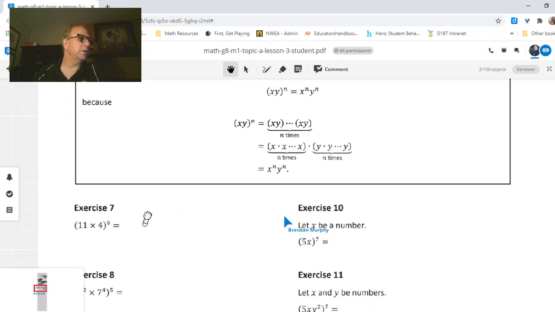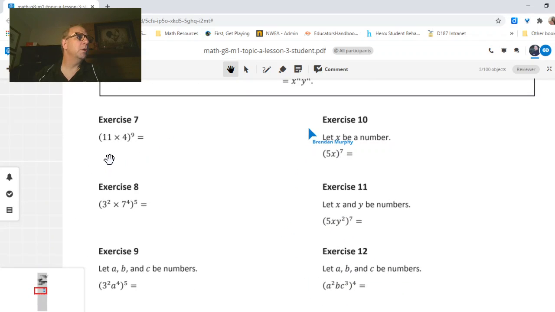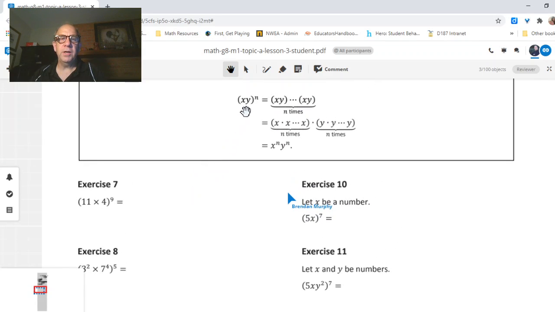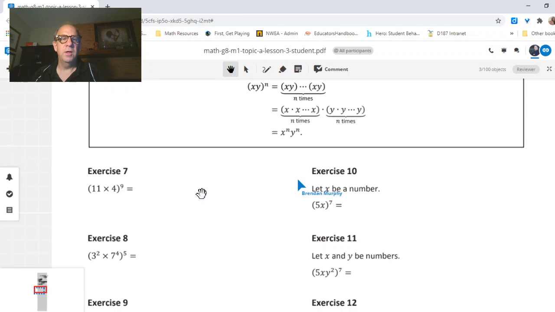So let's take a look at this problem right here. 11 times 4 raised to the 9th power. So what they're saying, basically, if I have the numbers inside, then I can just split them out. So x y to the nth is x to the nth, y to the nth. That means here, let's call that my x and that my y.